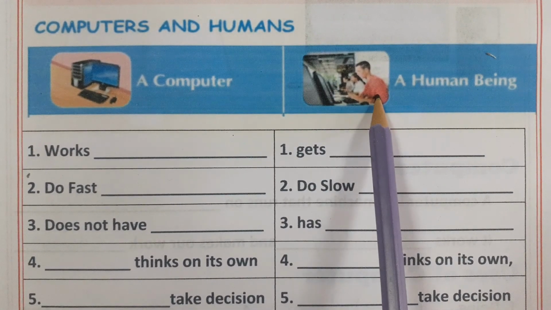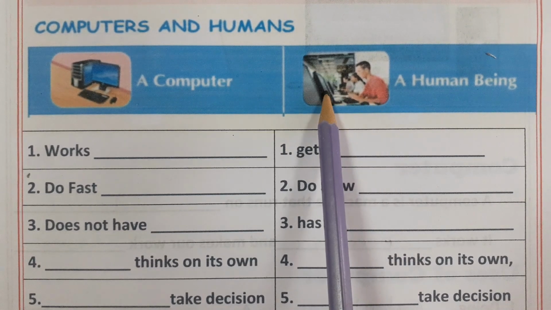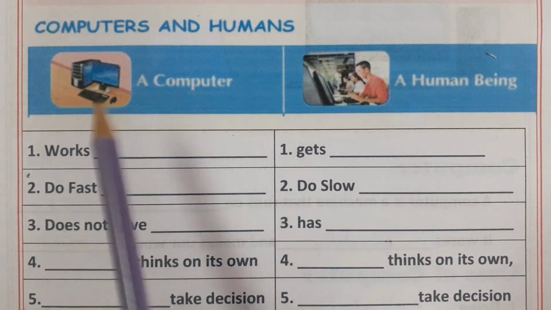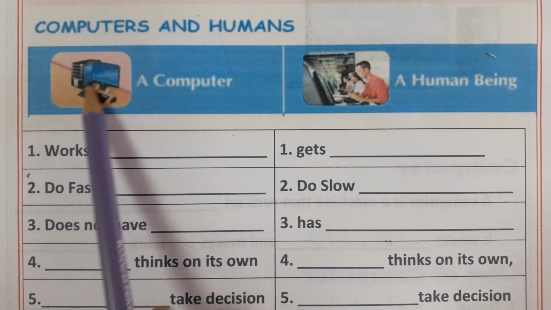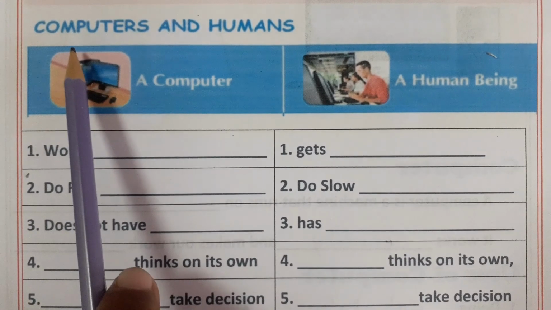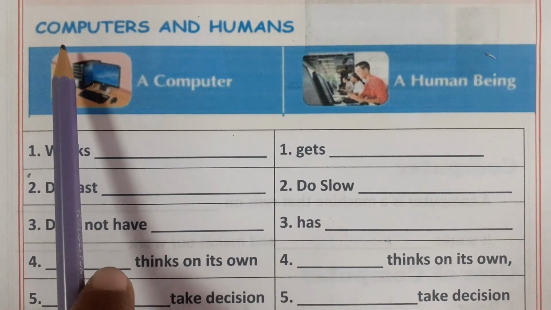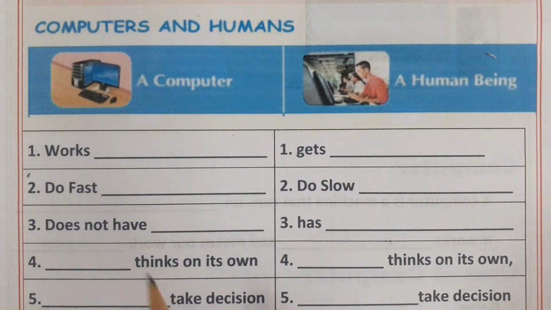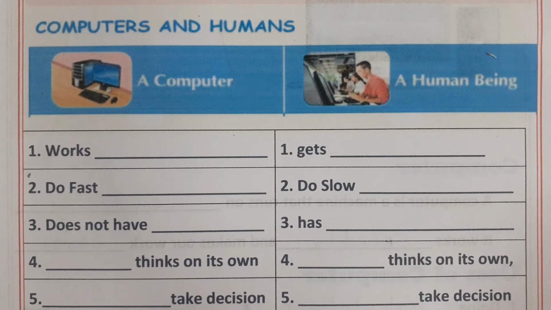Means the man or woman is sitting in front of the computer. This is the computer, means it is the machine, and this is the human. So computers and humans.